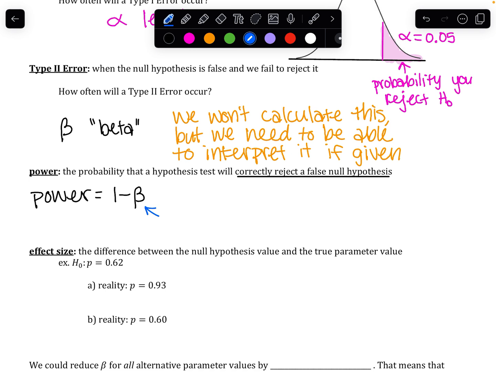Oh, type 2, sorry. Type 2 error, null hypothesis is false. Here, it's false. We are correct, whereas in type 2 error, we were not correct. So it's not exactly related to the alpha. They have some interplay, which we'll talk about in a minute, but that's where that comes from. Sorry about that. Probability of type 2 error.